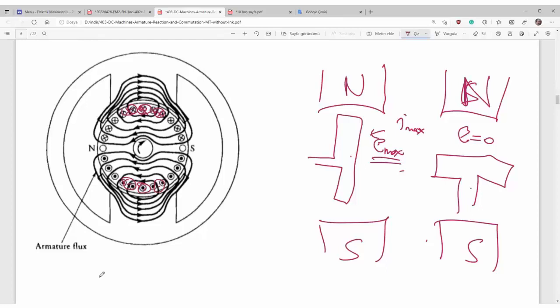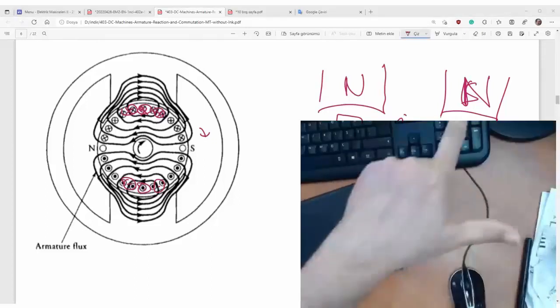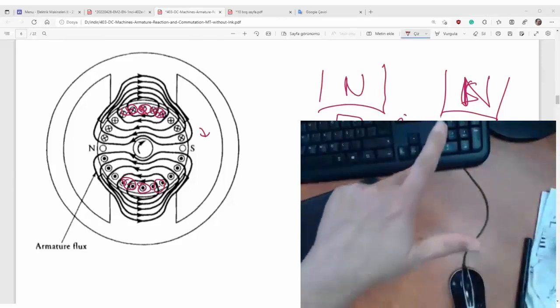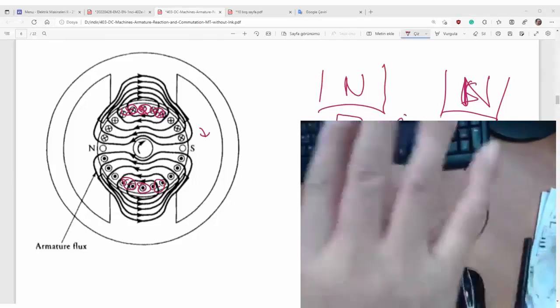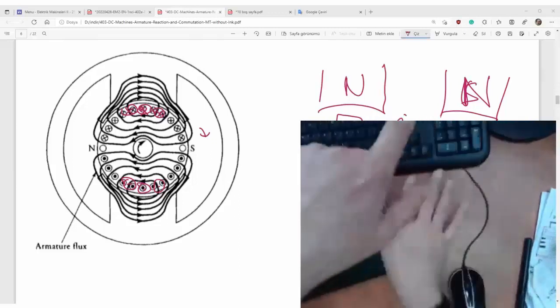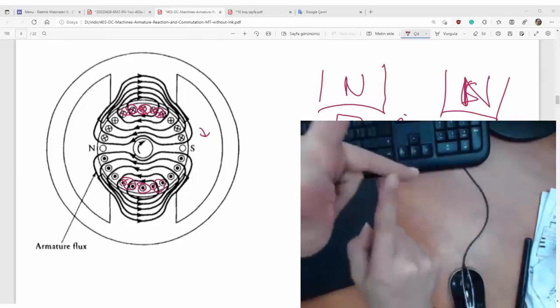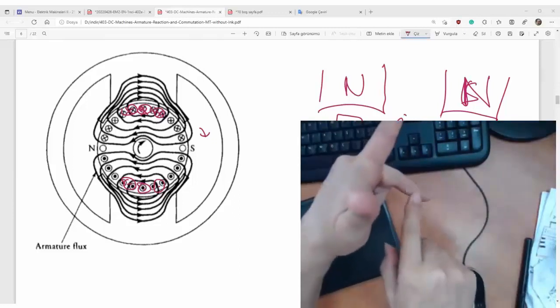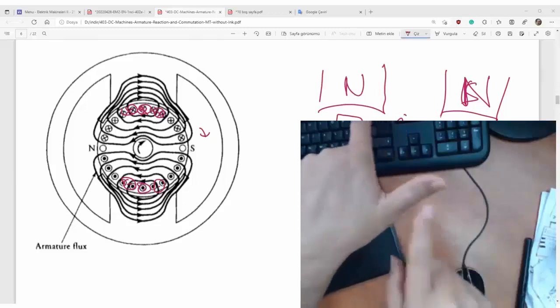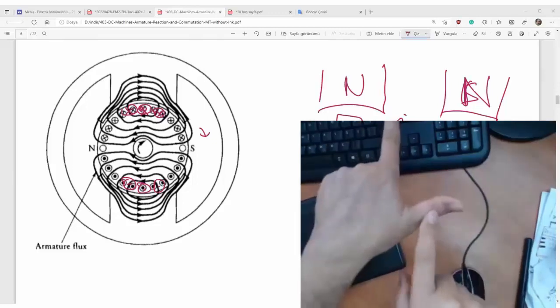Okay, what is the rotation direction? Let me discuss a little bit. Okay, I have calculated. That is the rotor direction. Let me switch on my camera and then apply the left hand 3-finger rule. That is my left hand. Assume that there is an N pole on the top of the rotor and an S pole on the bottom of the rotor, and the magnetic field with your middle finger from N to S. That is the rotor's conductor direction.